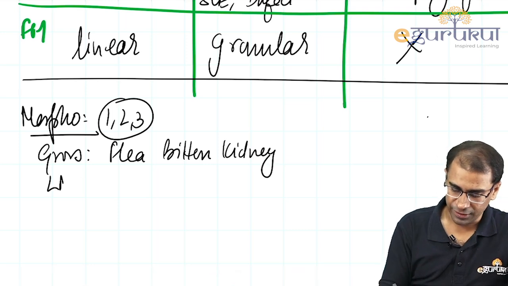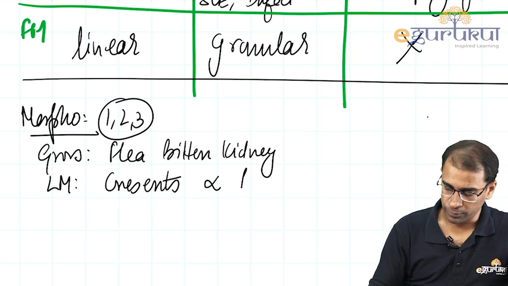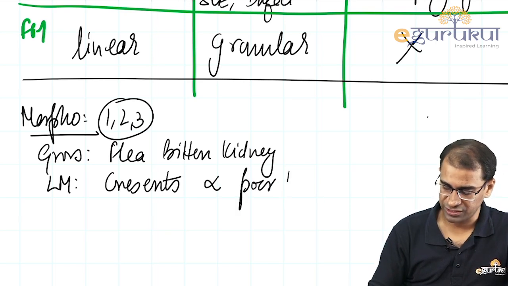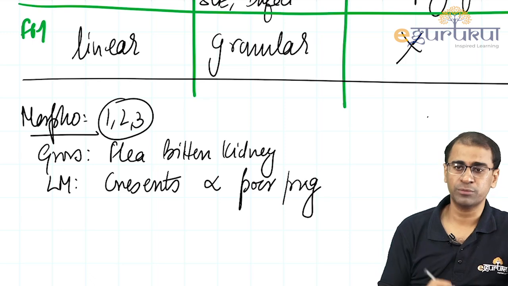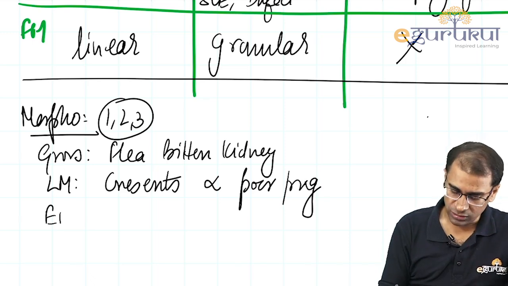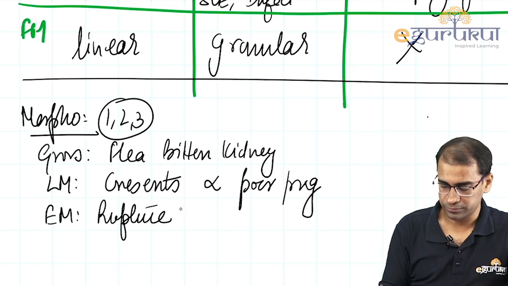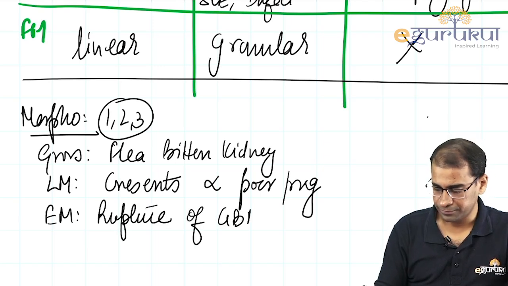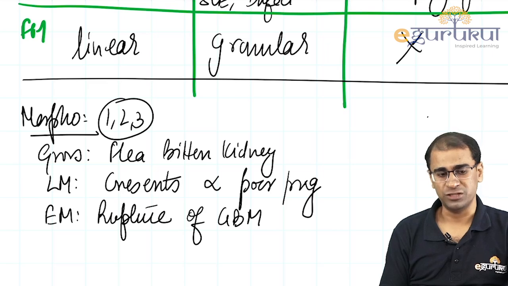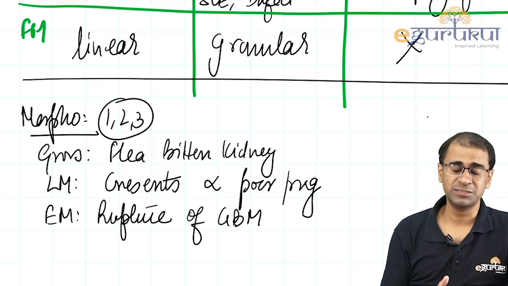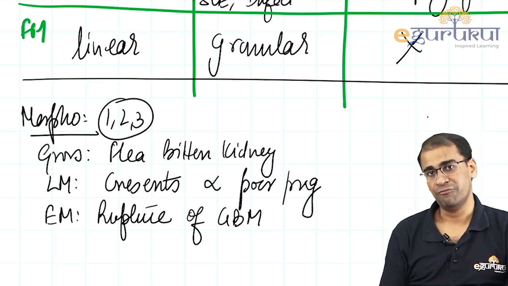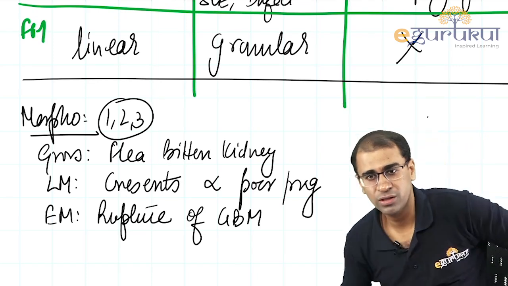In the light microscopy, it shows crescents; as the number of crescents increases, it is proportional to the poor prognosis. And on EM, they all show rupture of GBM, and therefore the patient rapidly progresses to acute renal failure.